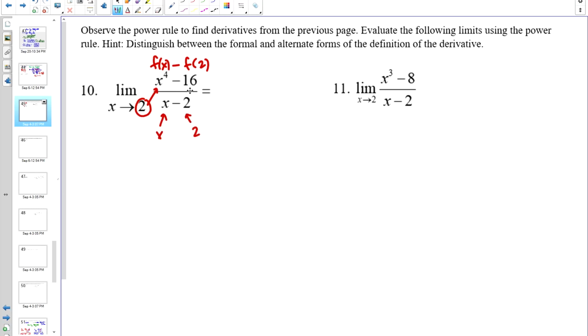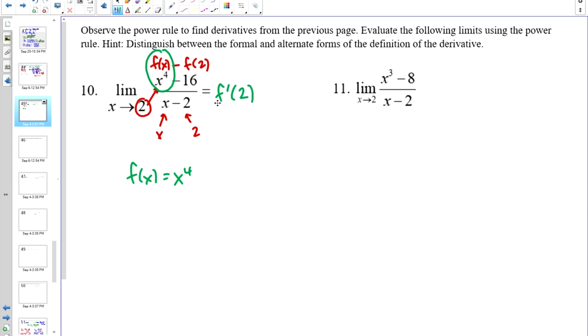So this does fit the alternate definition of a derivative. Instead of doing the limit and factoring and such, I notice that this is f of x, and this is the formula for the derivative, so this must be f prime of c, and c in my situation is 2. So we know this is f prime of 2.